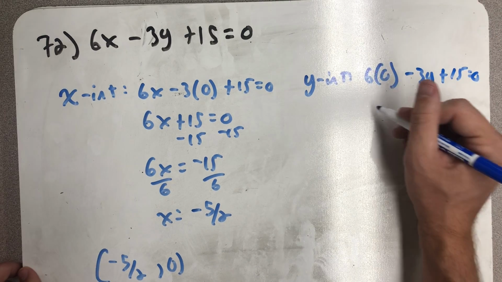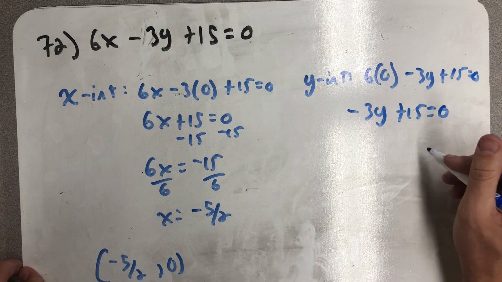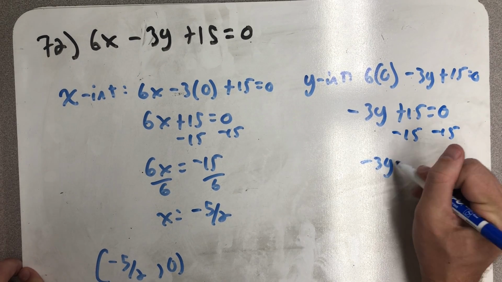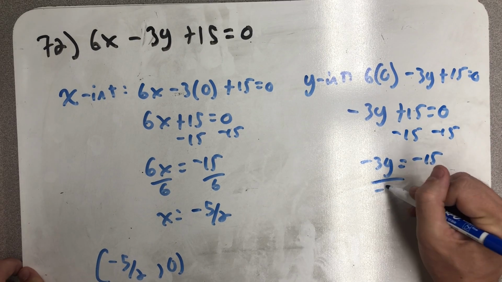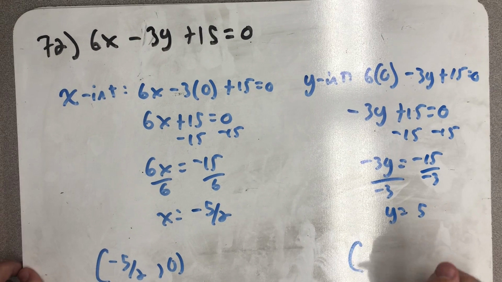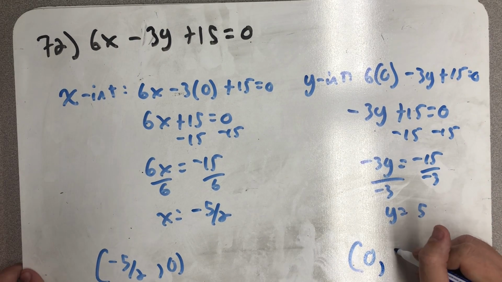Well, 0 times anything is 0, so I have minus 3y plus 15 equals 0. I'll take 15 away from both sides. Get minus 3y equals minus 15. Divide everything by minus 3. And it tells me y is 5. So my y-intercept, when x was 0, y is 5.